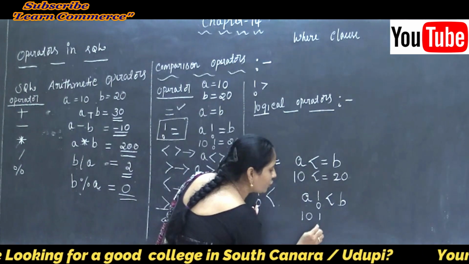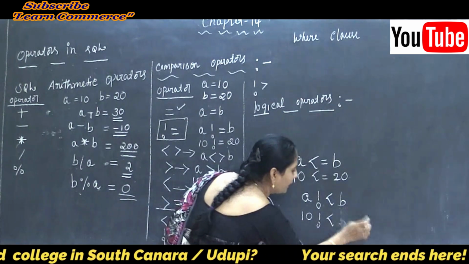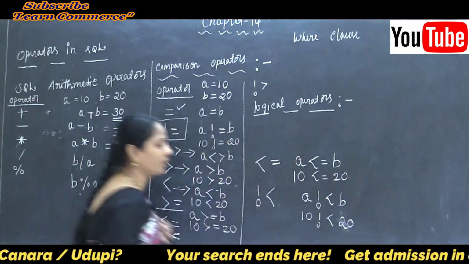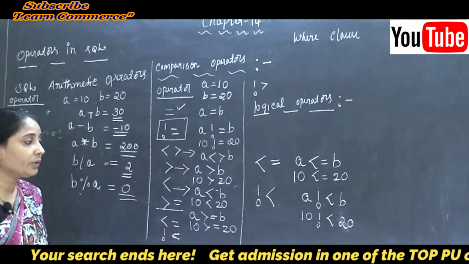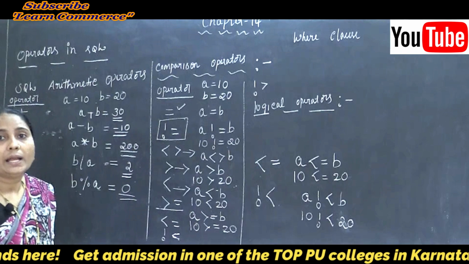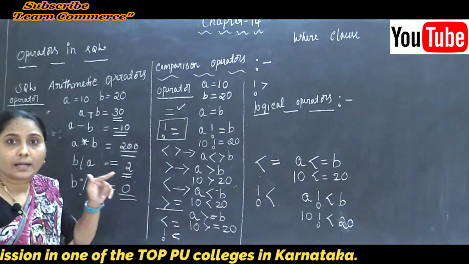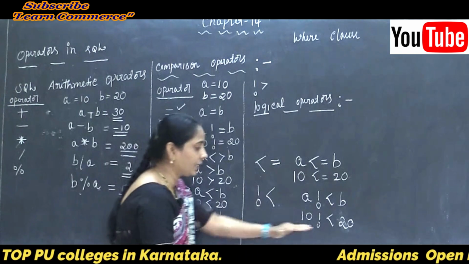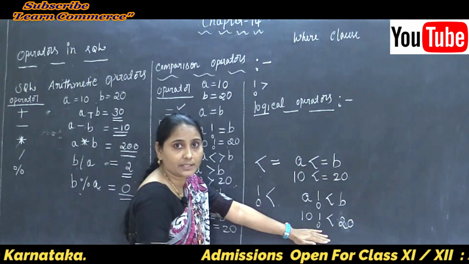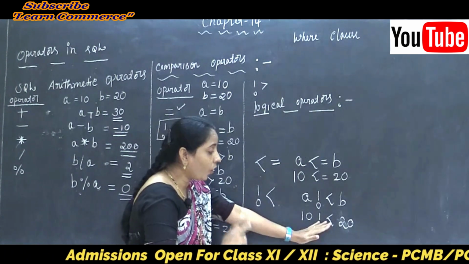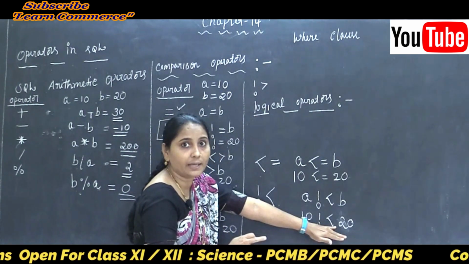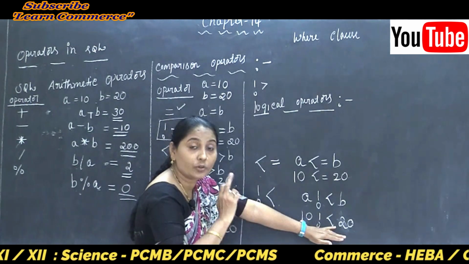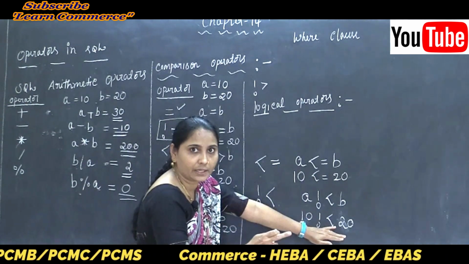So when you compare 10 not less than 20, 10 value is less than 20, correct? So that means the condition is false. Clear this point here. The 10 value is not less than 20 is false.